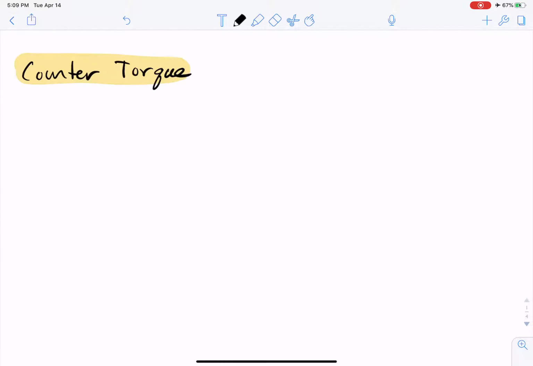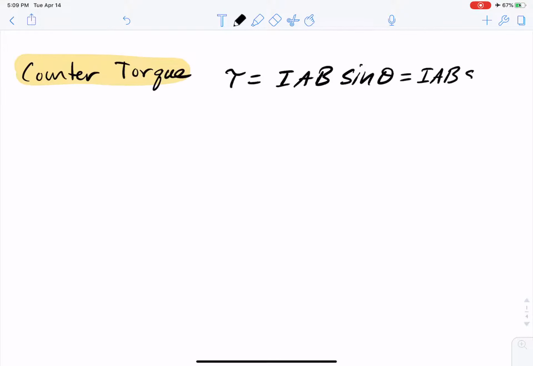Okay, so the torque, we found this before. The torque on that loop is the current times the area of the loop times the magnetic field going through the loop and the angle between that area and the magnetic field. So in our case, we know that that angle is changing with time, so we'll write it that way.